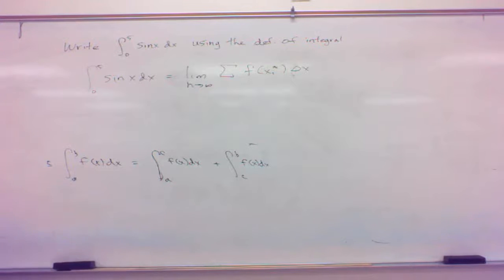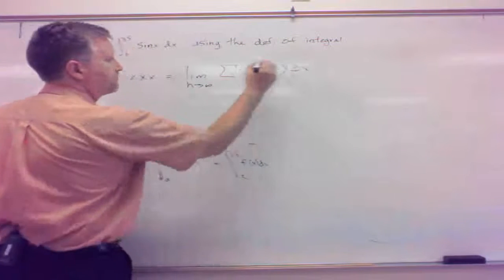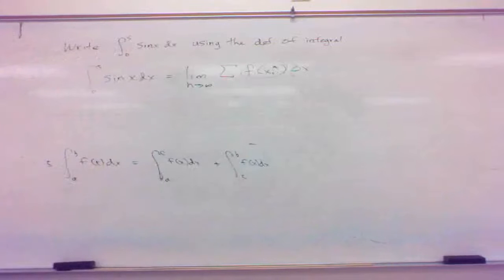Okay, well, to write it this way, what would this be? f of x sub i star, what is that going to look like? Where's our f of x? What's f of x in this case? Sine of x.